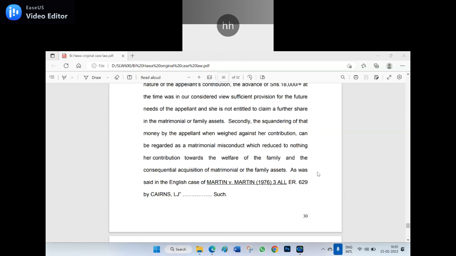If the money you earn comes with jasho, say in English, sweat. Money which comes with sweat, that is halali. Money that comes as takrima, what is takrima?